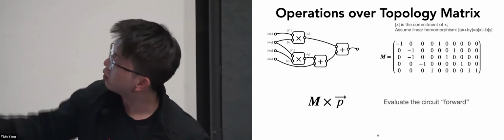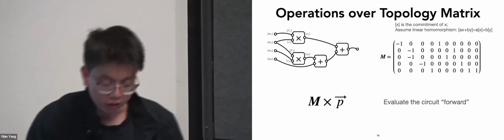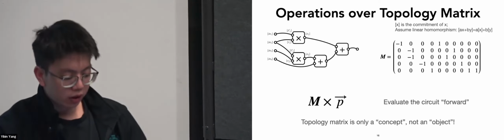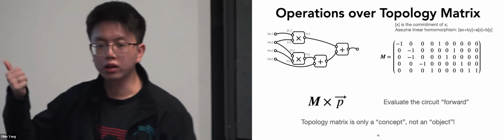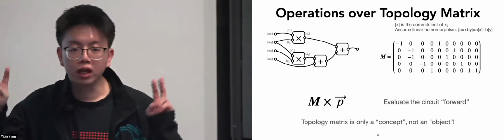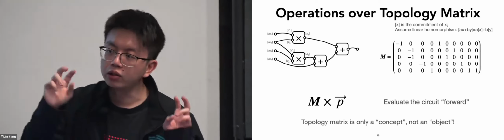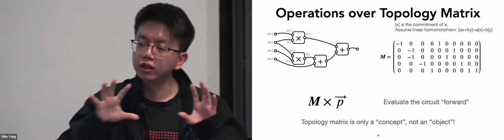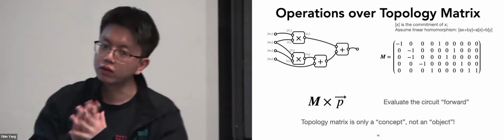If you take any P here, you put whatever is inside this P vector at the correct place, evaluate the circuit forward, and collect the value at the output place, and you get M times P. So even though I use this matrix to present our work in this talk, it is just a concept. You never need to write it down in memory when you implement it. You just evaluate the circuit forward. That's it. That's why your computation cost is just order C.